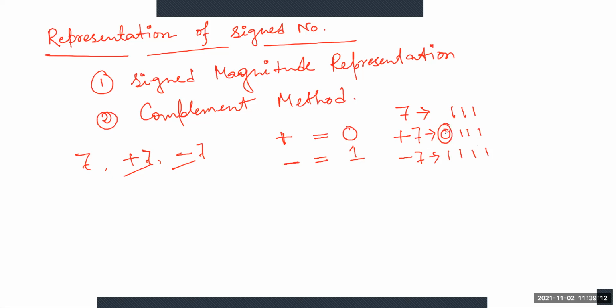This digit is for plus and this one is for minus. So in any examination, normally in the GATE exam, you are getting this type of question, suppose the representation of -7 in now suppose here 11.